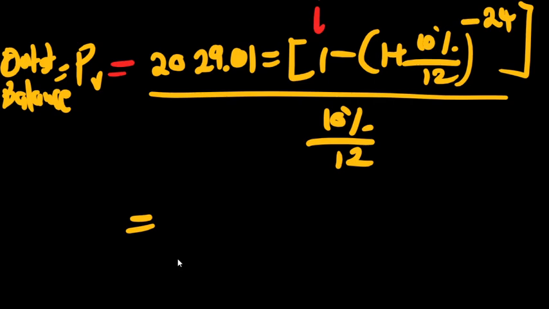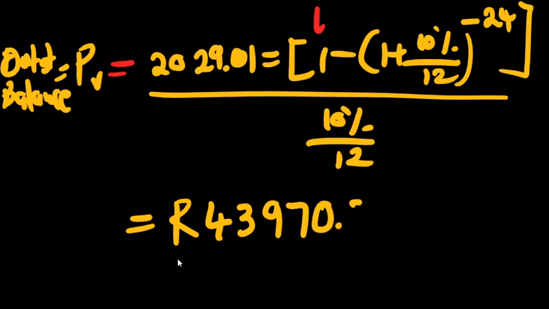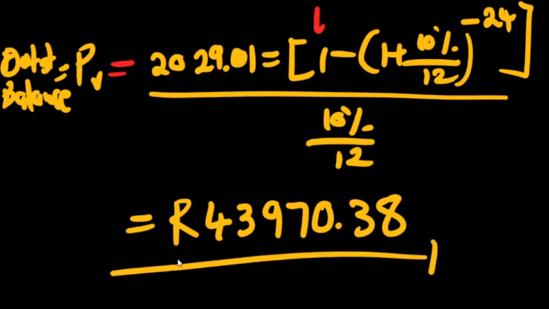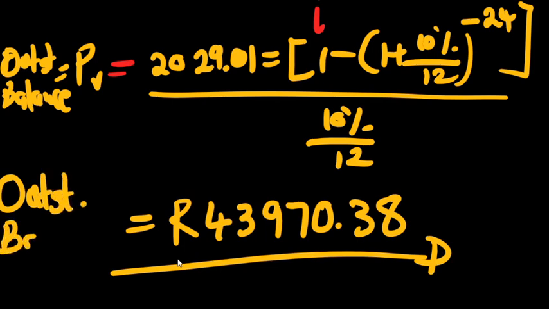The amount I'm getting is that the outstanding balance would be 43,970.38. So that is the outstanding balance in your account.